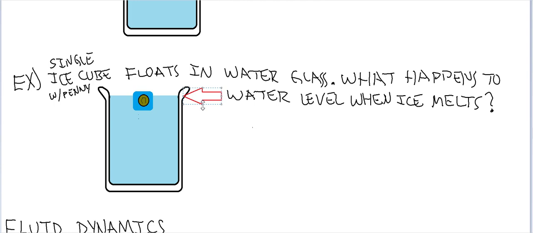So this is the water level when the ice cube with the penny is floating in the glass of water. Now I'm asking what's going to happen to the water level after the ice cube melts. Again, I'll ask you to pause the video here and try and think through what's going to happen.